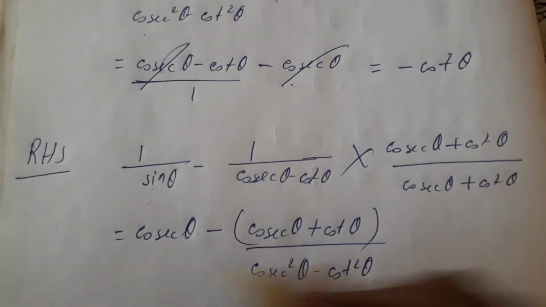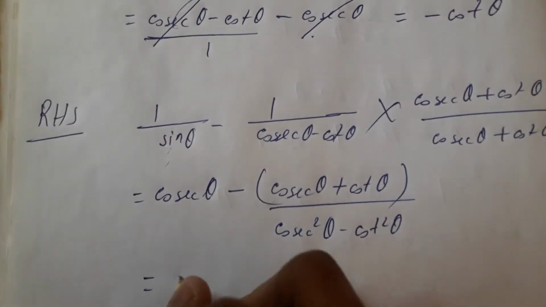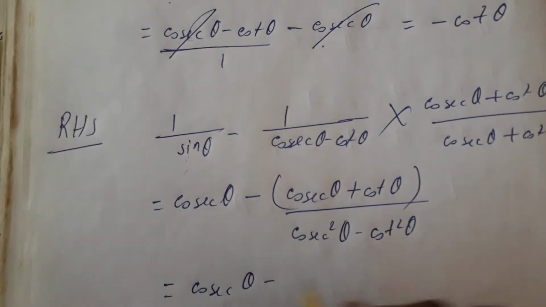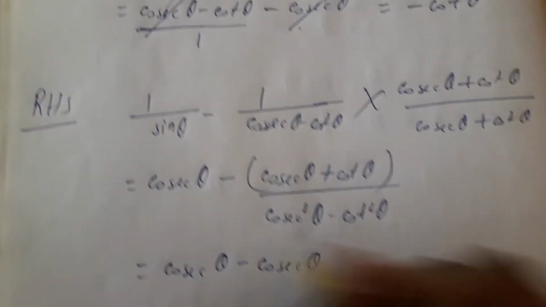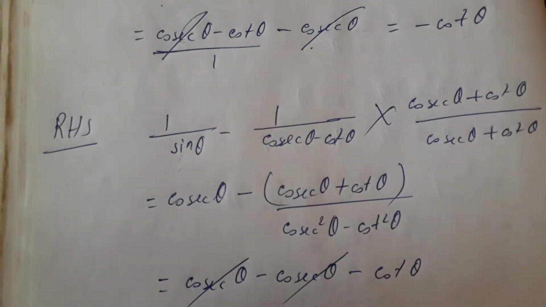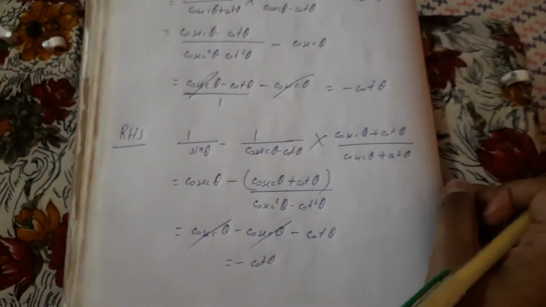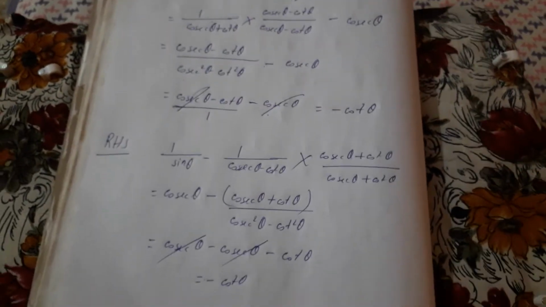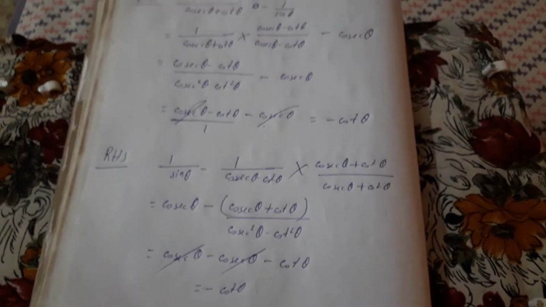Okay, now see, this will be 1, so cosec theta minus cosec theta and minus cot theta, this will be cancelled out and our answer will be minus cot theta. Now see, in this way LHS will be equal to RHS.